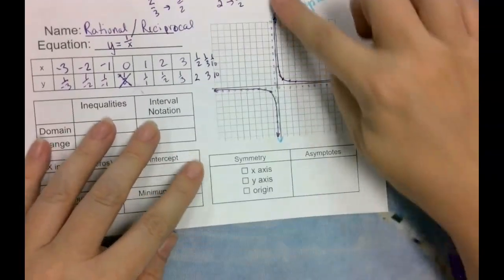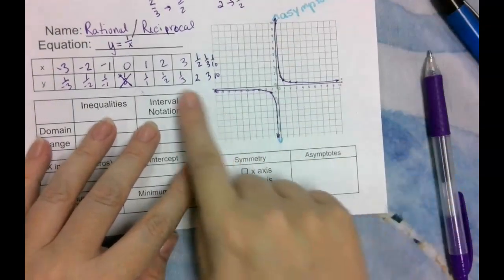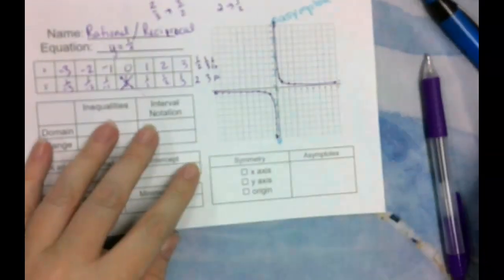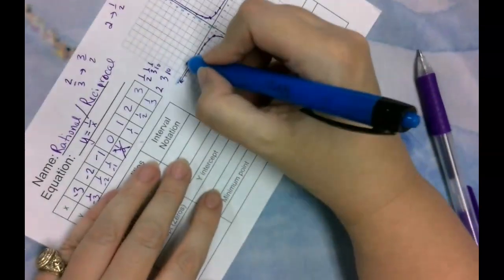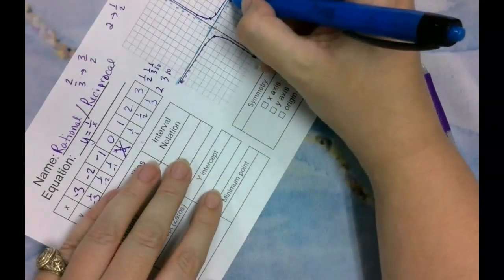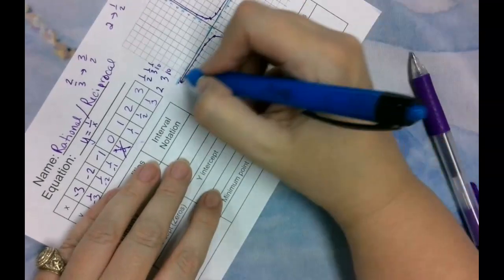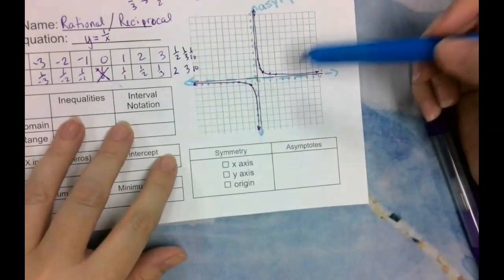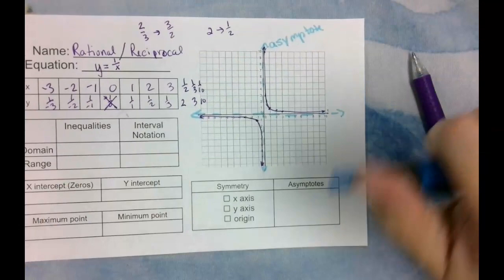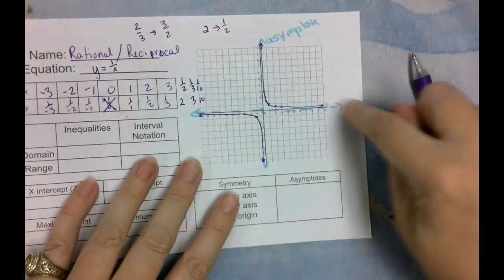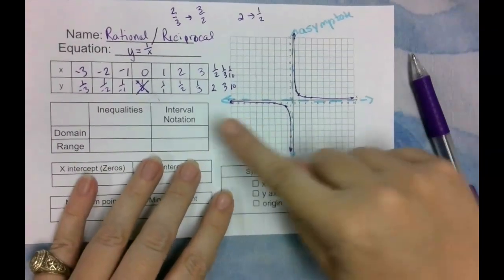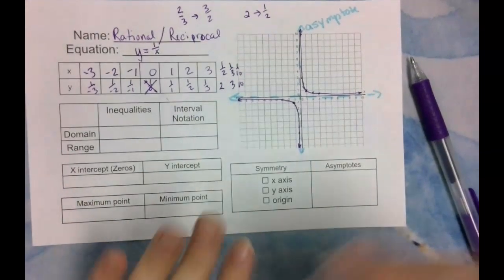So what we see is not only do we have an asymptote here, but also we have one this way. So I'm also going to have one going this way. And again, you may want to draw these in a different color because these asymptotes that I drew in a different color, they're not part of the graph. The graph is just the purple part, but these asymptotes tell me where it gets closer and closer without touching.